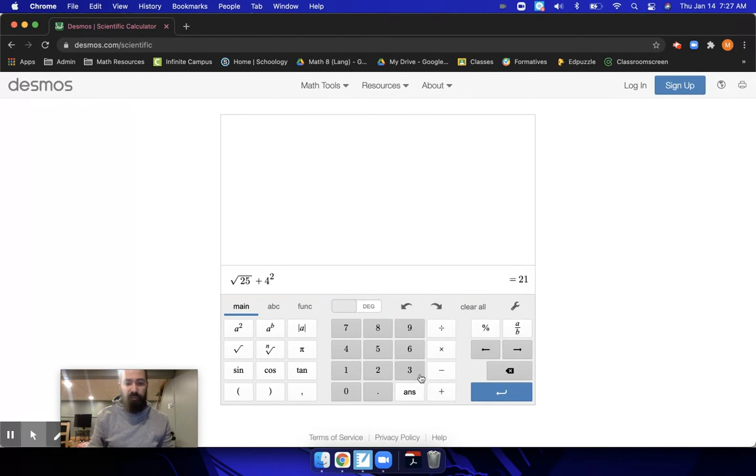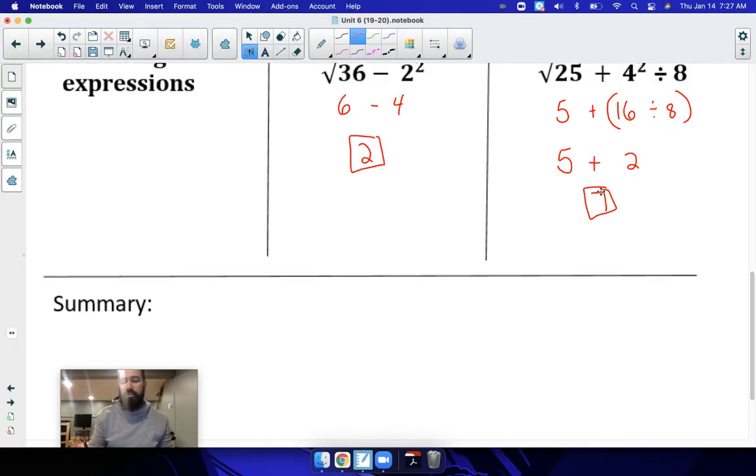Oh, messed it up. Divided by 8. And we say 7. Was that the same thing we got before? It was. Awesome. That's it for page 1.